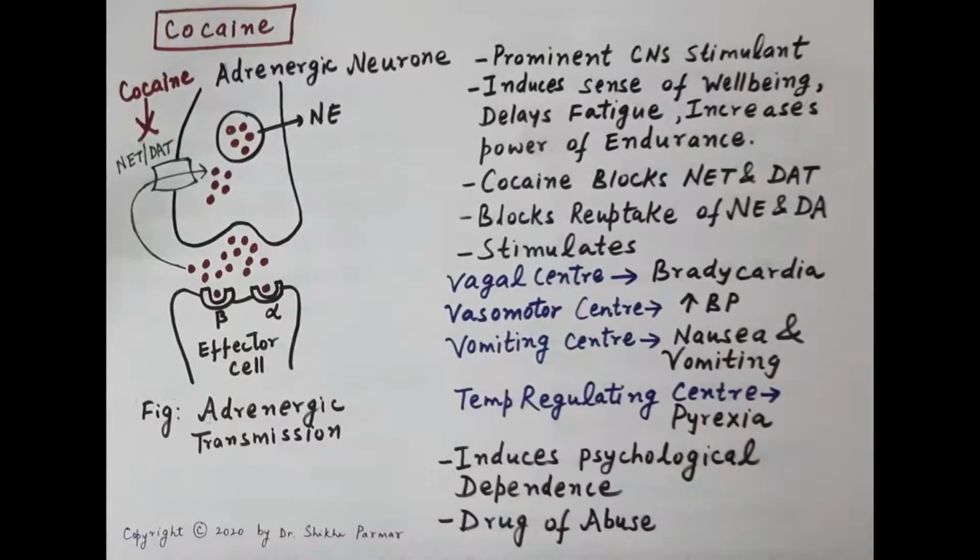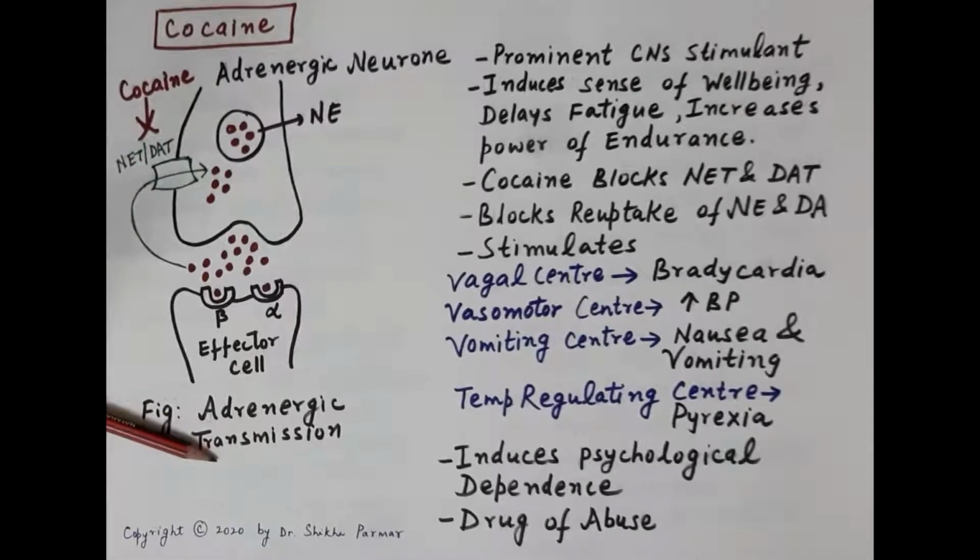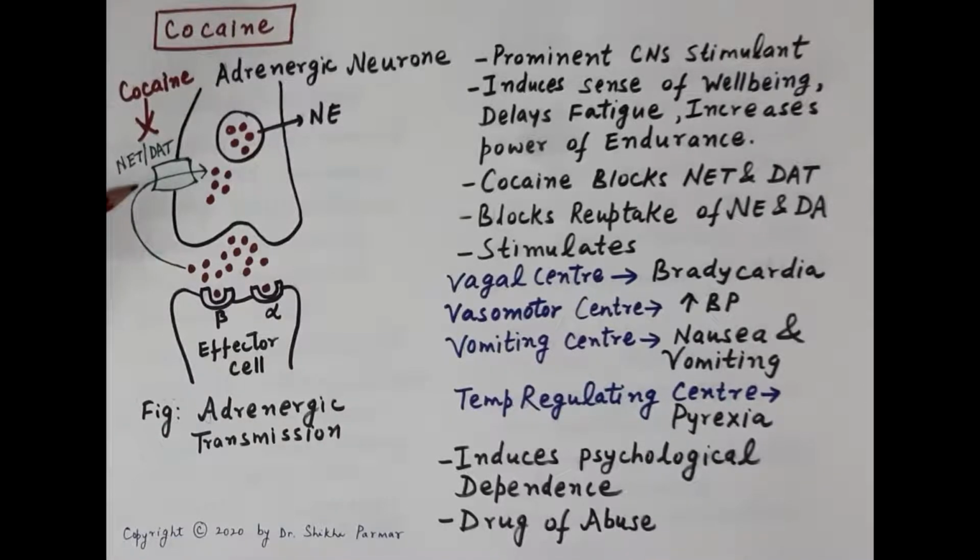Next, we will talk about the pharmacology of another psychostimulant, that is cocaine. Cocaine is also a psychostimulant. It is a CNS stimulant. Now, as we have already discussed adrenergic transmission, what cocaine does is that it blocks the reuptake of noradrenaline, and it also blocks the reuptake of dopamine.